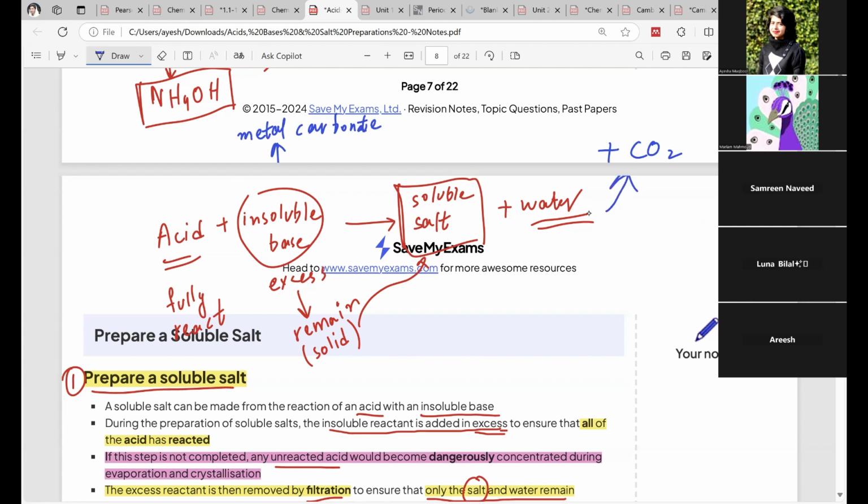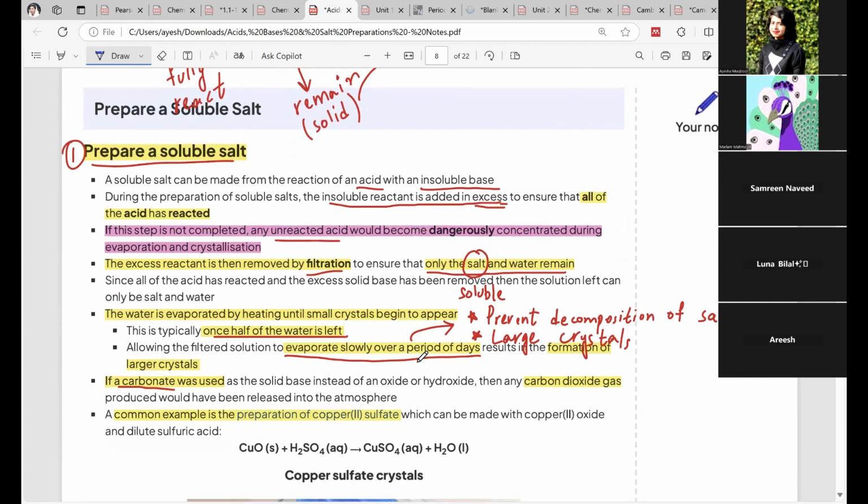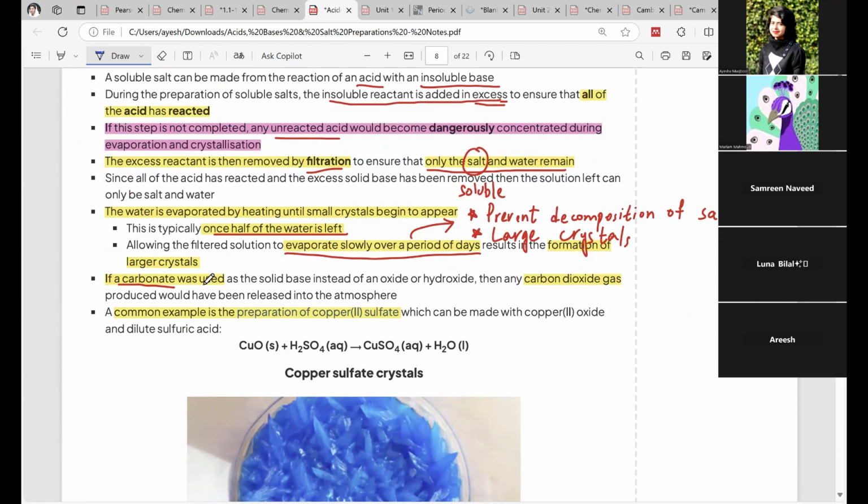It will just quickly leave in the form of gas, so no problem. All the remaining steps will be the same. This gas will evaporate. No need to separate this gas, it's already separated. Just bubbles will be there. We can see the bubbles and we can identify there is a carbonate. So the same is written here. If a carbonate was used, then carbon dioxide gas will be produced.